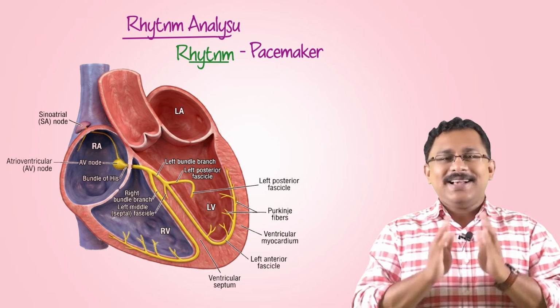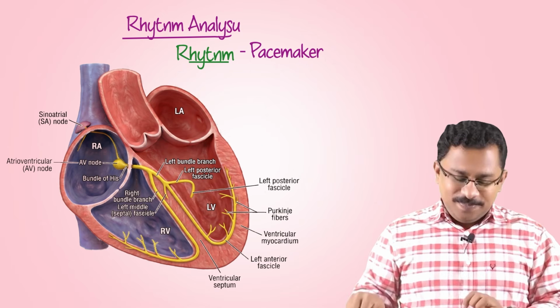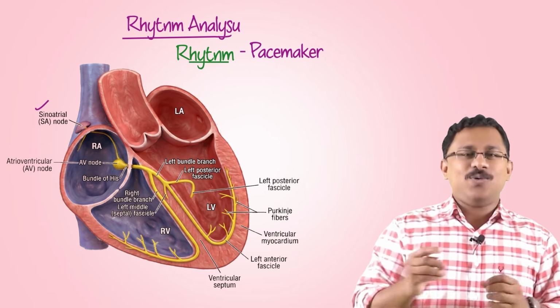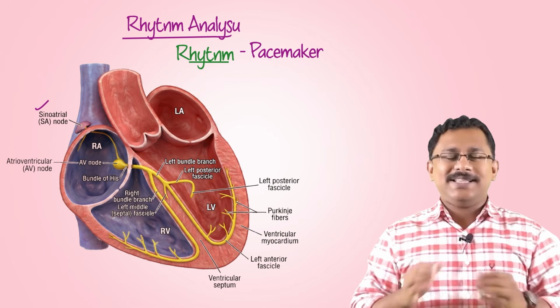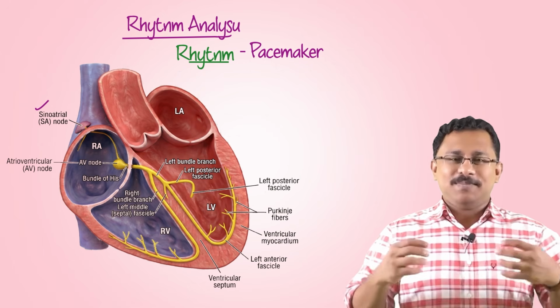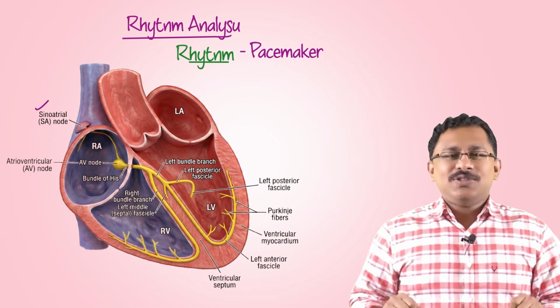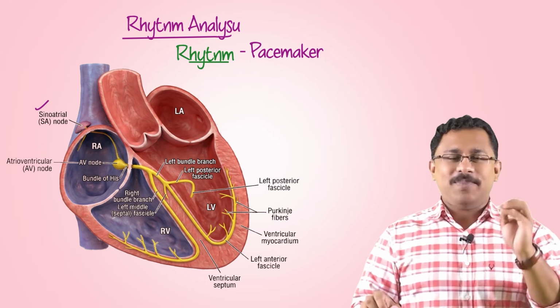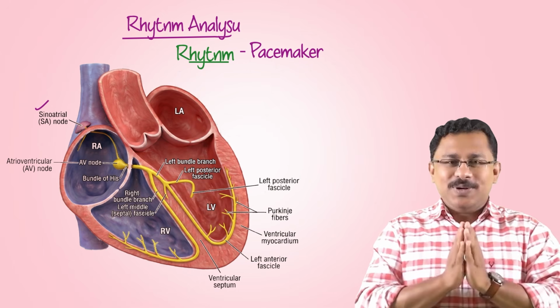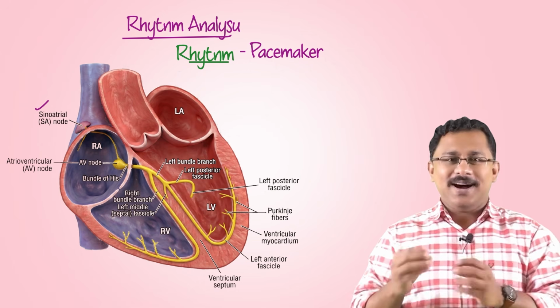That is, in the cardiac conduction pathway, you have the SA node, then the impulses go to the AV node, bundle of His, the bundle branches, the Purkinje fibers. Which portion of the conducting system acts as the pacemaker is going to decide the rhythm of the heart.